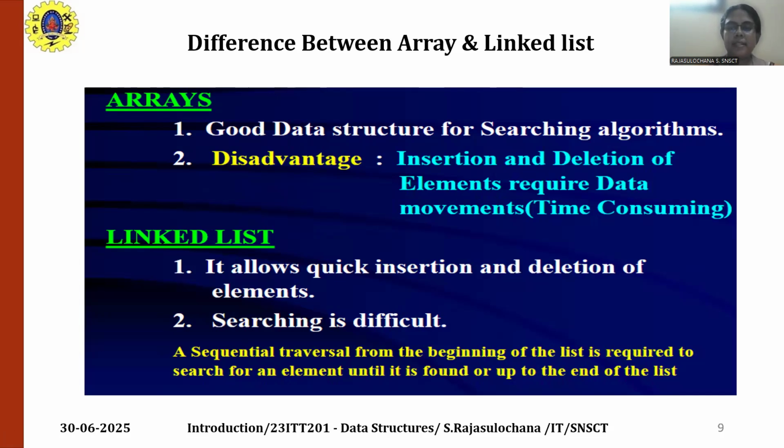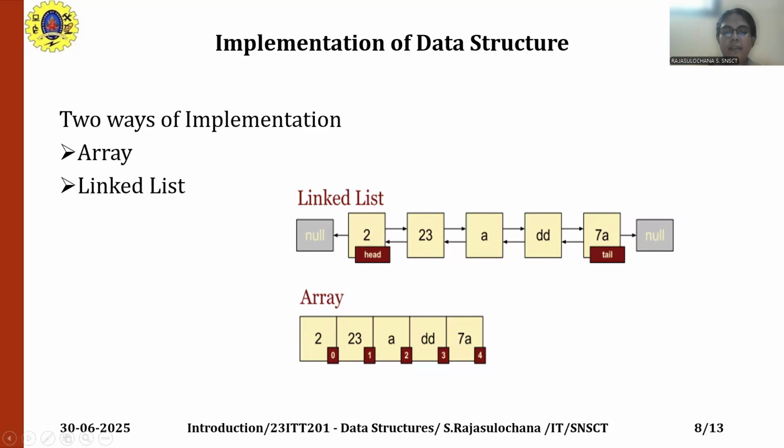If you want to search for a particular element, obviously array is the best choice, but it has its own drawback: insertion and deletion are time consuming processes. For example, if I want to insert a value of 2 here, I have to shift all the 4 elements one position next.